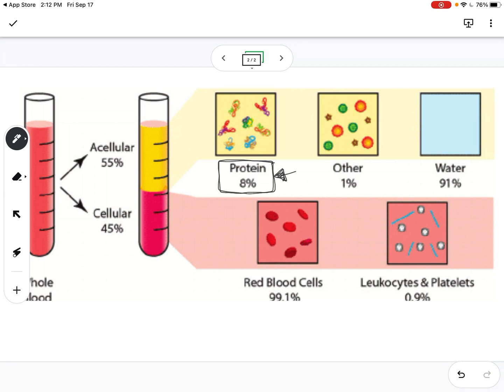Once you spin down the blood, this plasma part is acellular. So the question is, does that make it safe to transfuse into a patient where their blood types are mismatched? A lot of you pointed out there are no red blood cells in plasma, so there shouldn't be a problem. So that's what I want to focus on: is that where the conflict would come in? Is that why a patient would suffer if you gave them a mismatched transfusion?